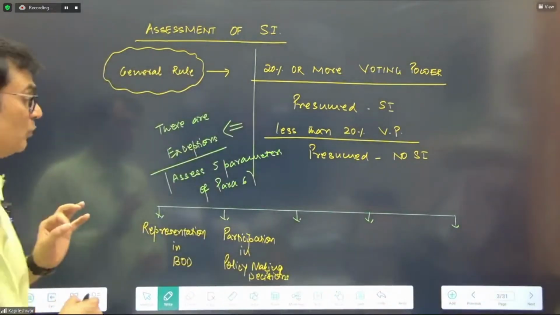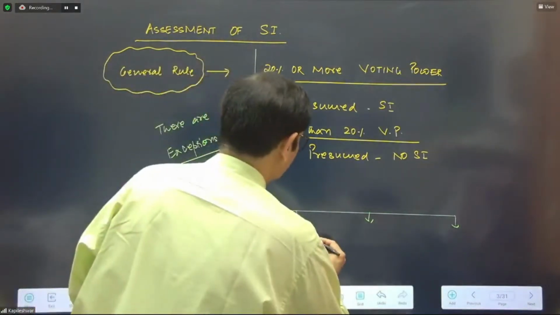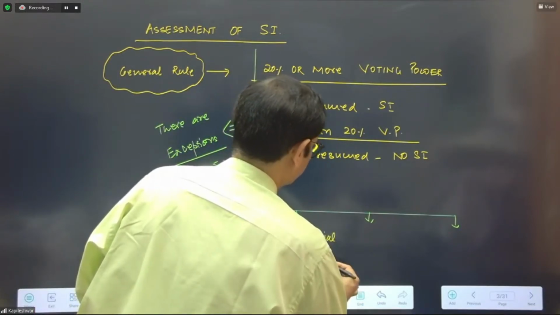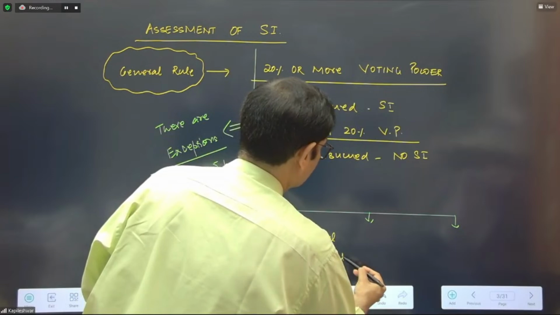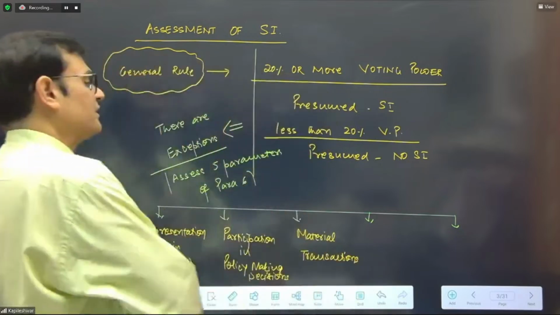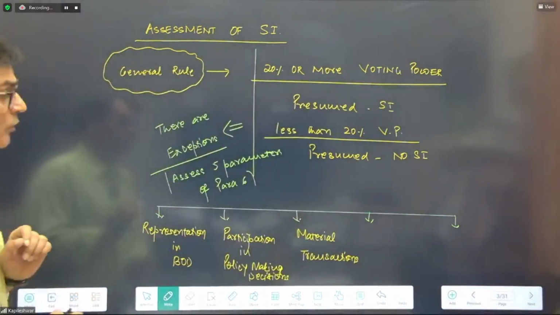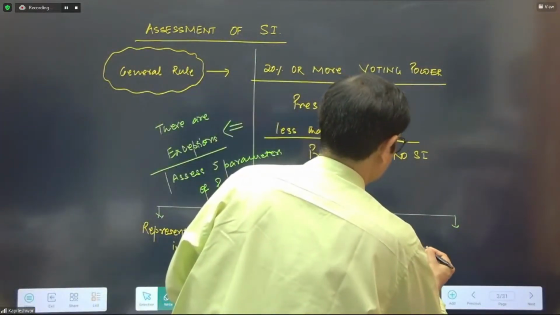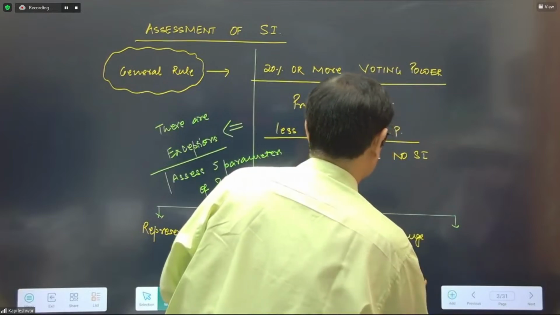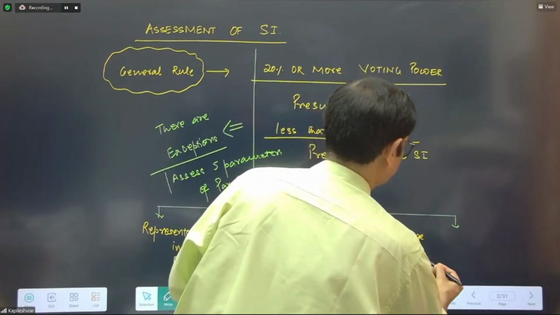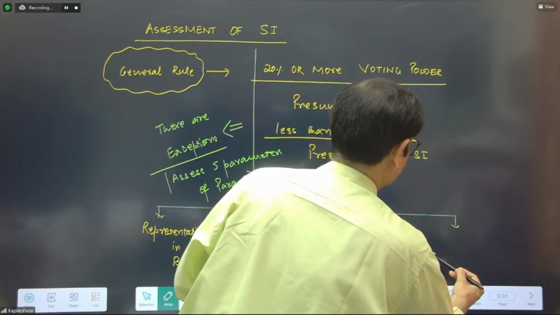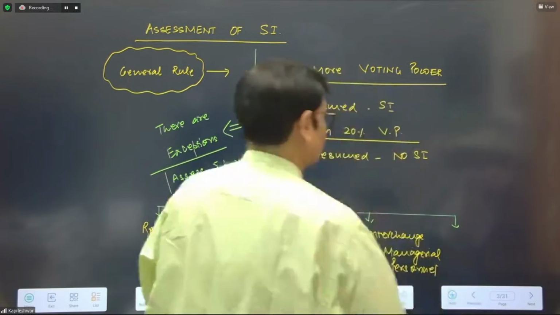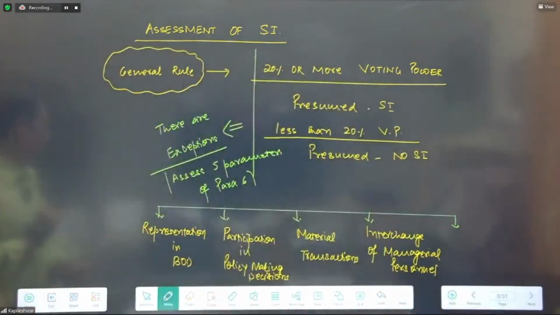Then number 3, there are material transactions with each other. I'm just using the keywords. There are material transactions between the investor and the investee, or there could be interchange of managerial personnel. If there is interchange of managerial personnel, that could also be indicative of a significant influence.